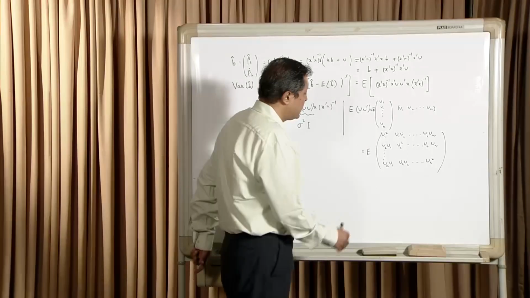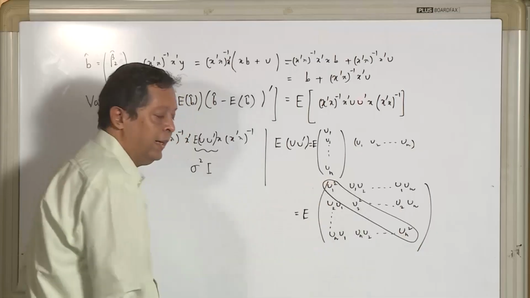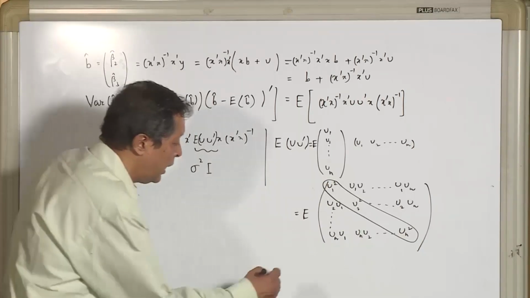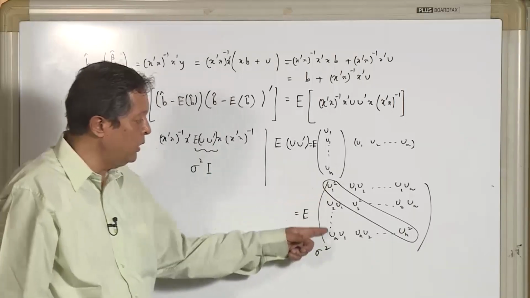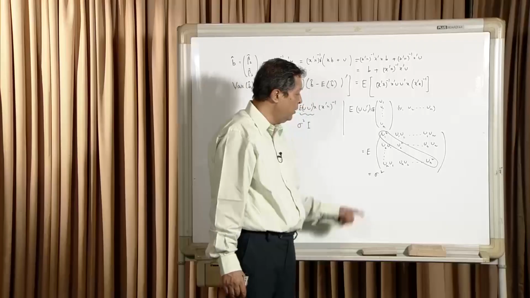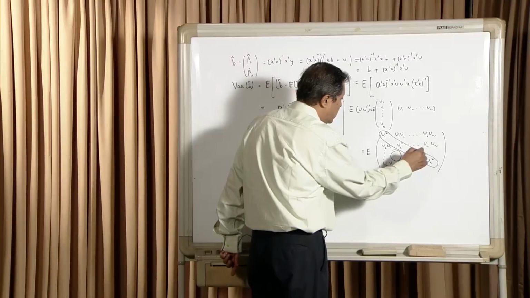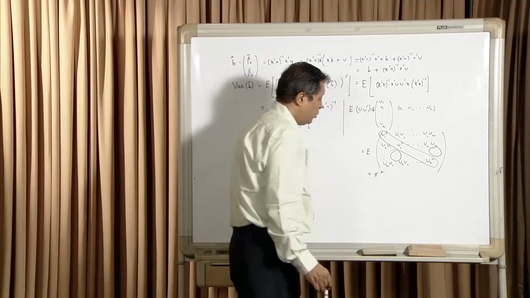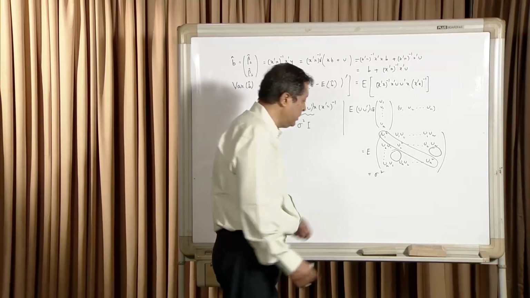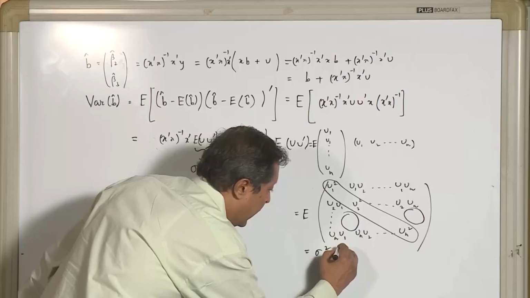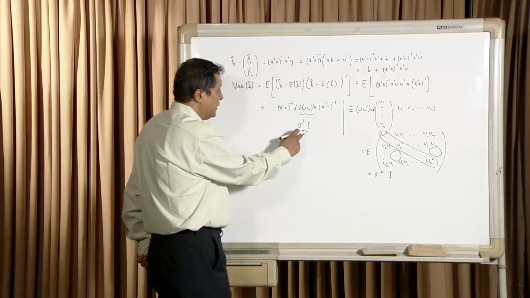So, this matrix tells us that all the diagonal elements will be sigma square and all the off-diagonal elements will be 0. Basically, what we get is sigma square, common out of the brackets, and an identity matrix.